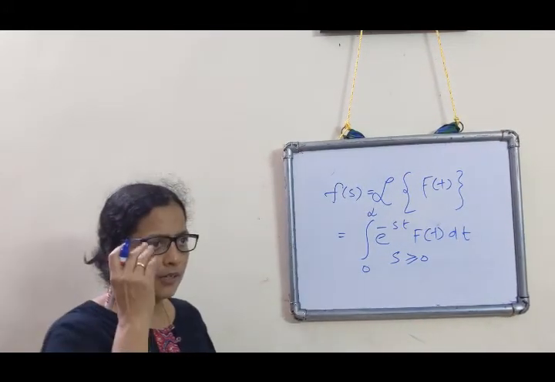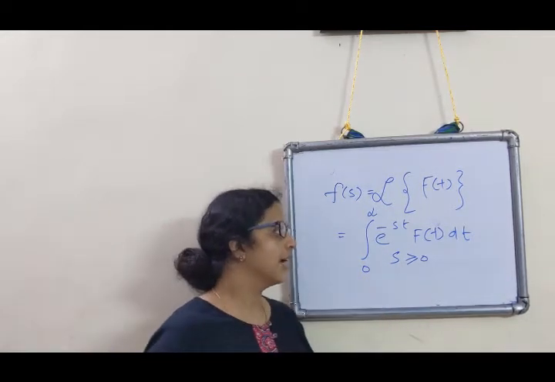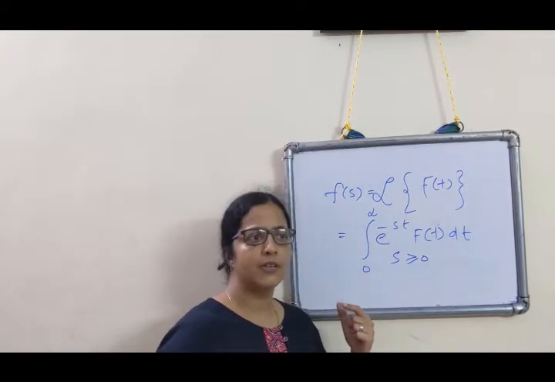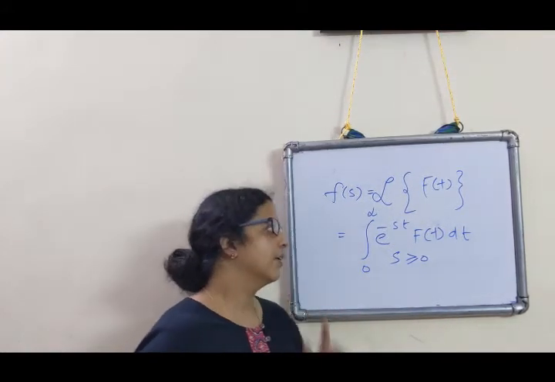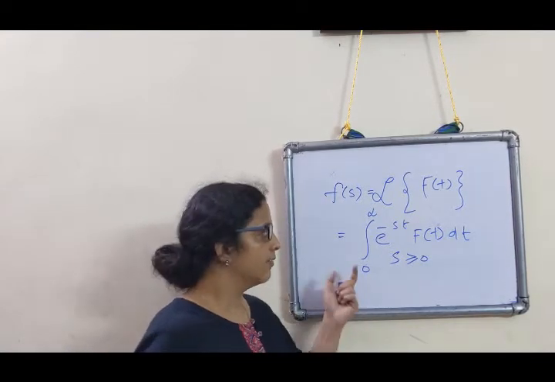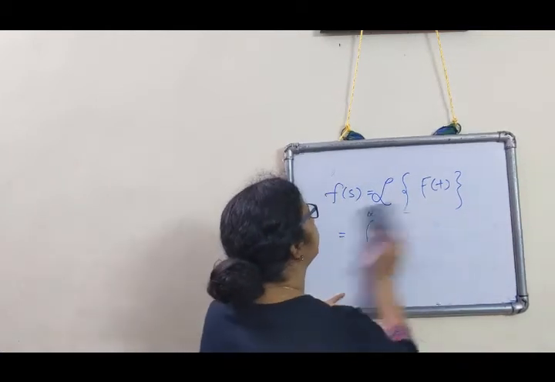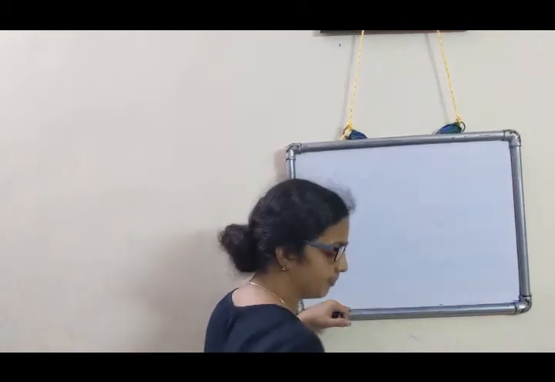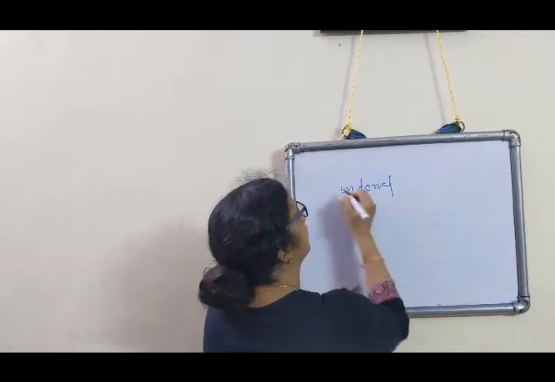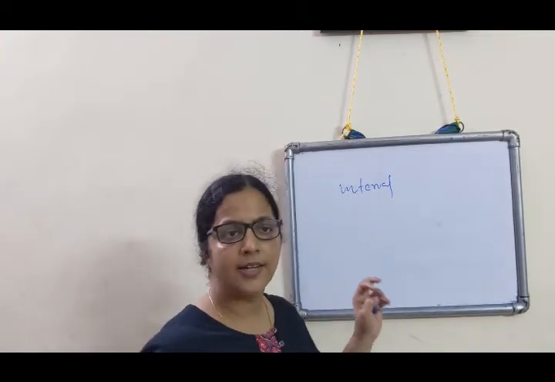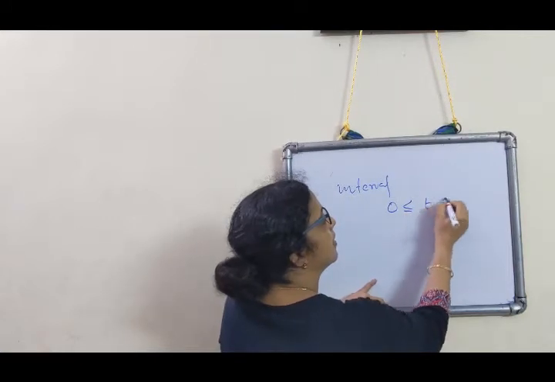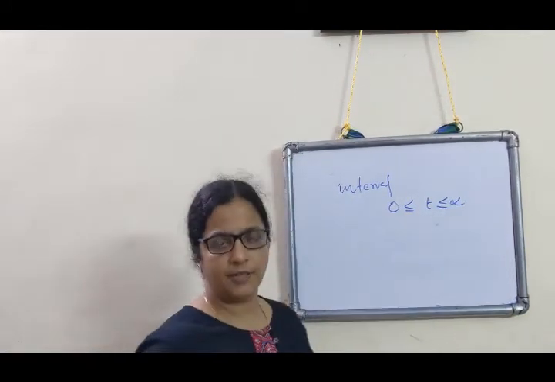We cannot calculate the Laplace transform of every function. There are some limitations for the selection of a function for the Laplace transform. The first condition is that the interval we are considering in the case of the Laplace transform should be between 0 and infinity.